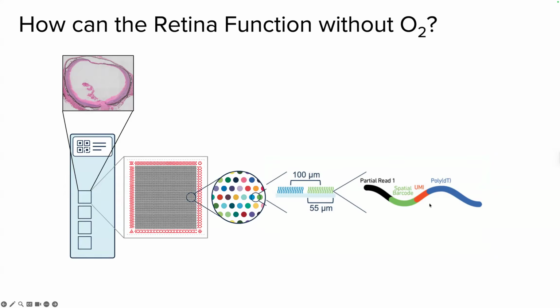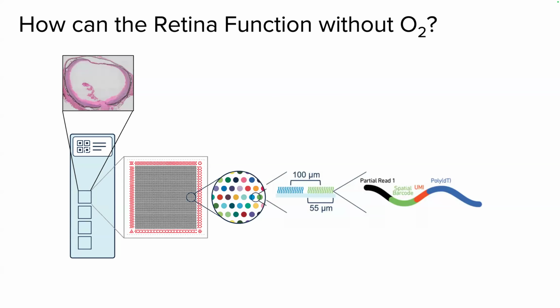Each of those capture molecules has a spatial nucleotide sequence that is unique to the position on the microscope slide at which it was printed. That means that we incorporate a spatial, you could say GPS, tag into each mRNA molecule, so we know where it came from in tissue space.